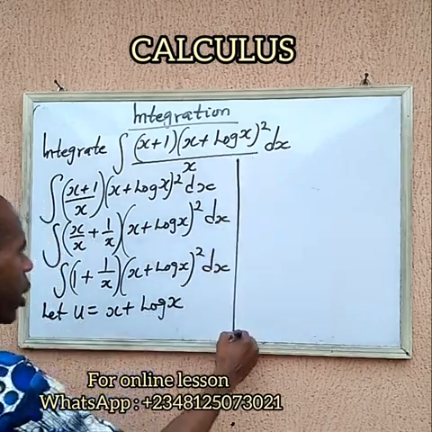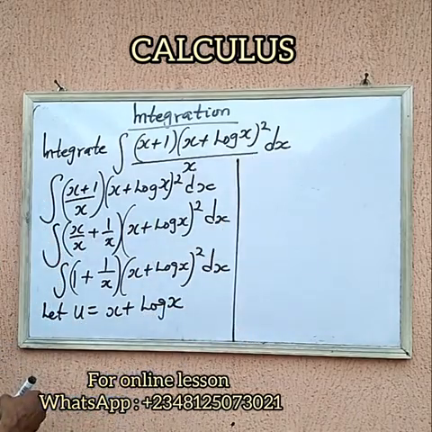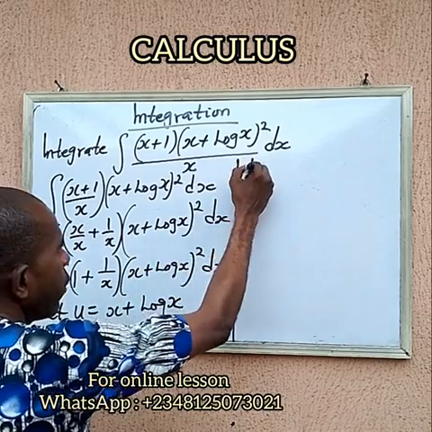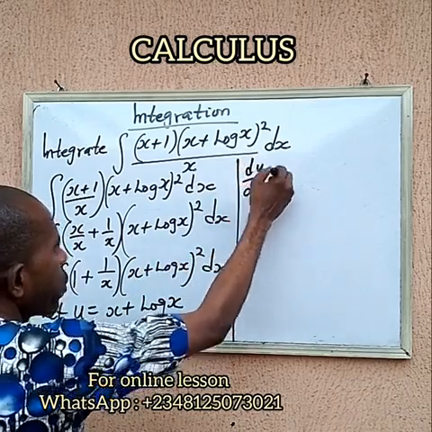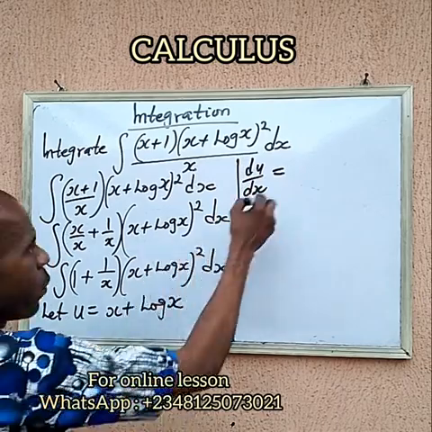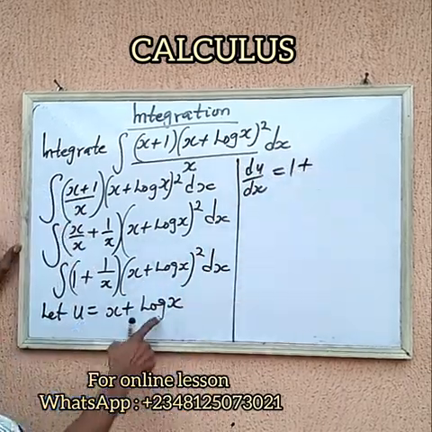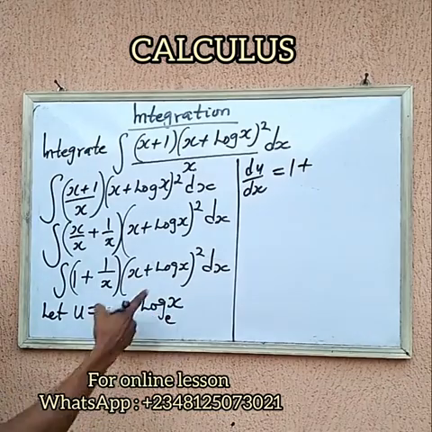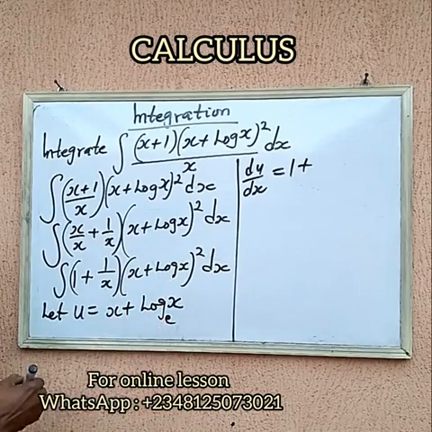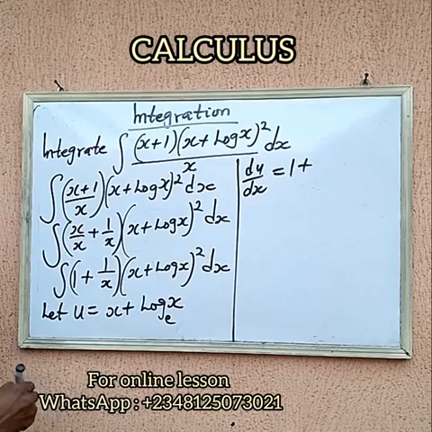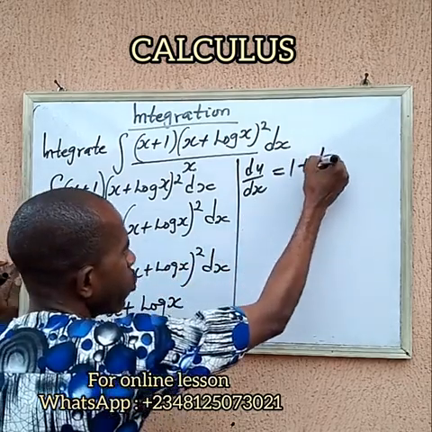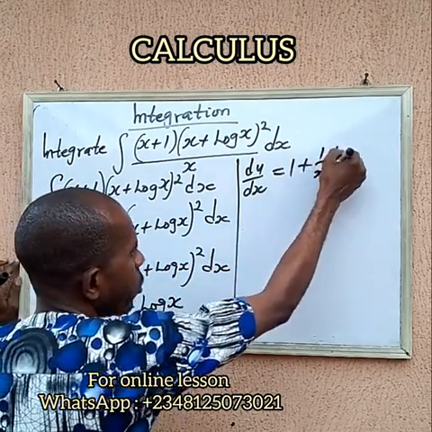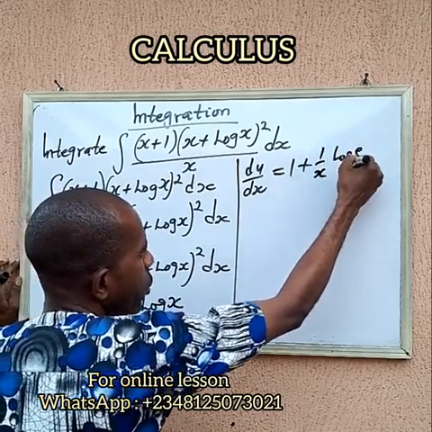Now, what we are going to do is to find the derivative of u with respect to x. We have du/dx equal to, if you differentiate this, 1 plus. Now, this log we are seeing here is log with base e, though it's not denoted here. It's a natural logarithm. When you differentiate a natural logarithm, it will give us 1 over x, then times the log of e to base e.